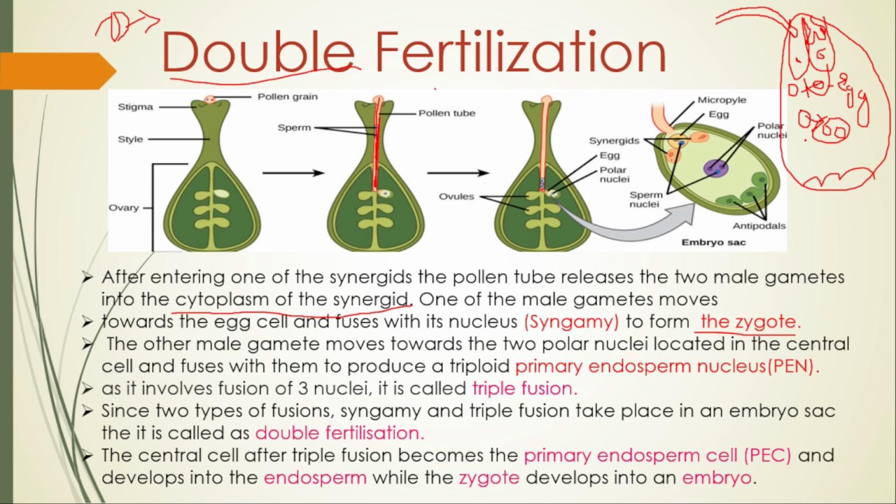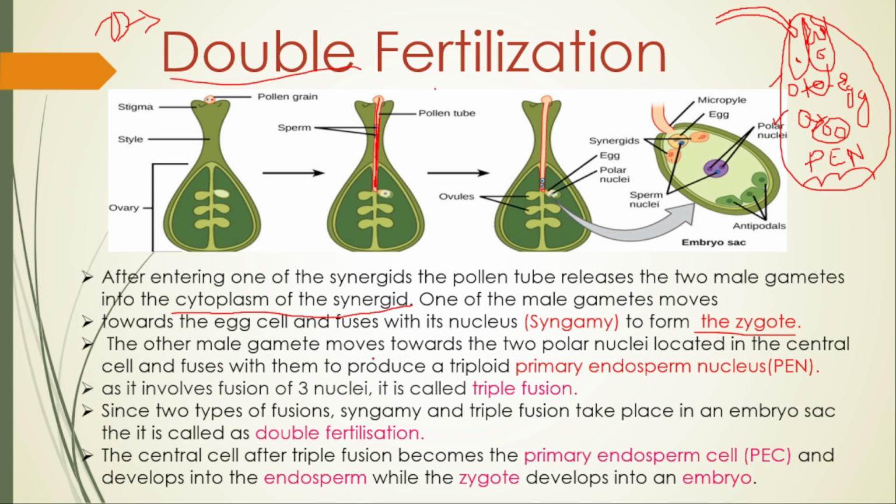This is one fusion. One more male gamete moves towards the polar nuclei. These two are the polar nuclei, isn't it? Once it joins here, we get the primary endosperm nucleus, that is PEN. So this is one fertilization, and this one is the second fertilization. That is what is called double fertilization.